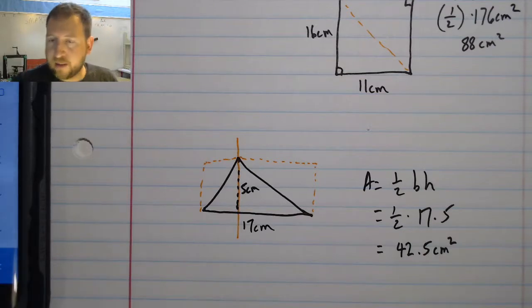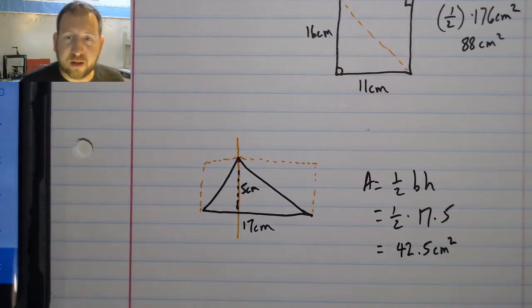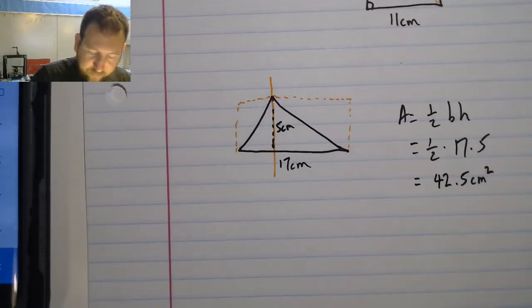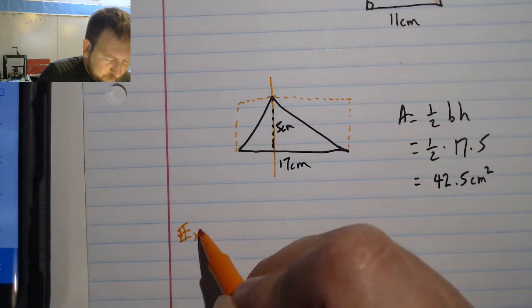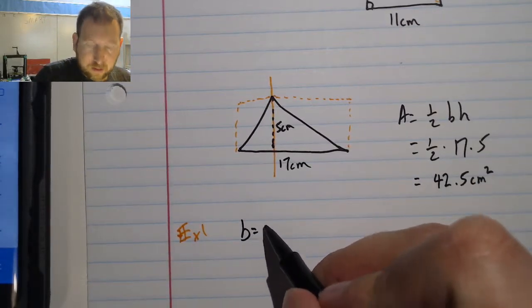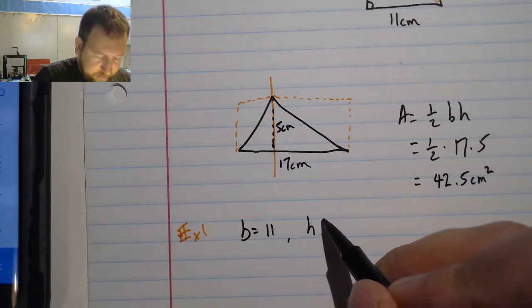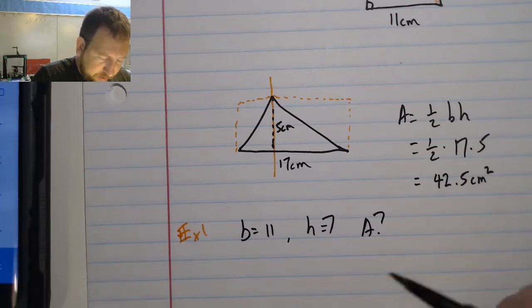I'll do another quick example if you like, but you don't need to watch because it's going to be pretty easy. Sometimes they'll just give us the information. They'll say, example 1, the base is 11 and the height is 7. What's the area? Okay, that's easy.